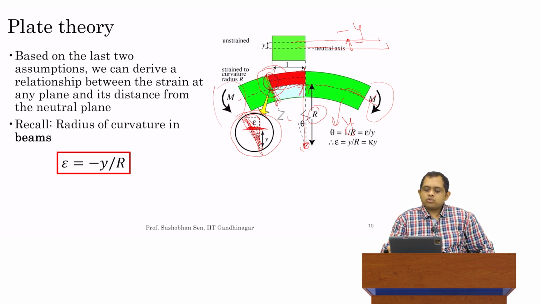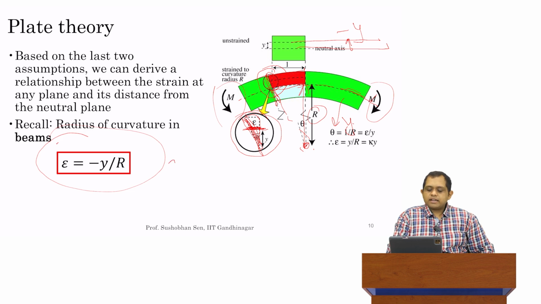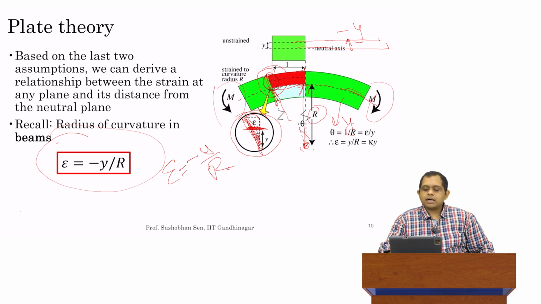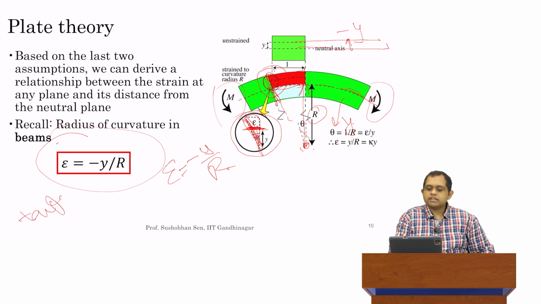If we use the similar triangles from here, what we basically get is the relation highlighted over here, that epsilon is equal to minus y over r. That comes from taking the tangent of theta. Tangent of theta is equal to this little distance divided by y. But we also have theta in the center, so this theta is going to be this overall distance divided by r.